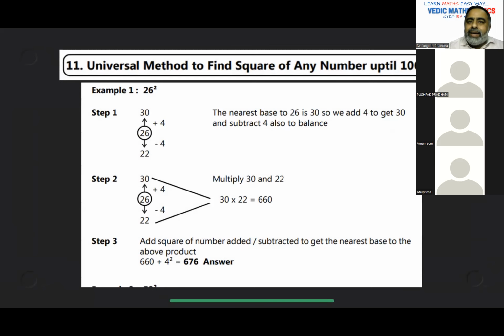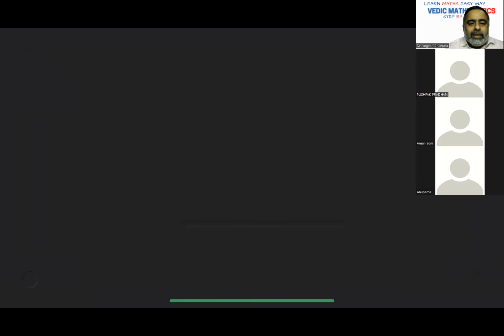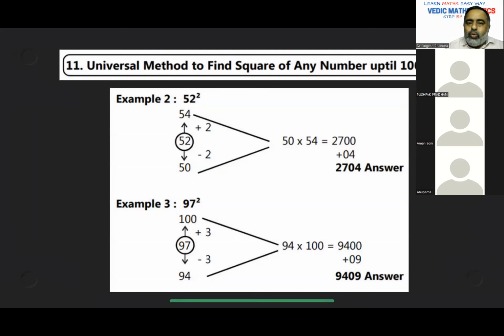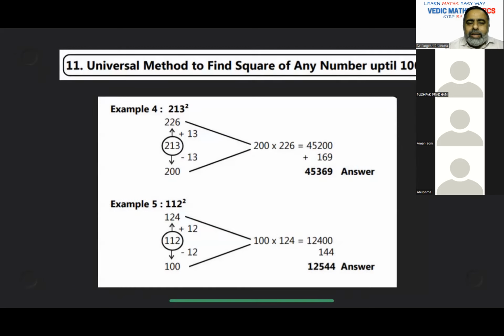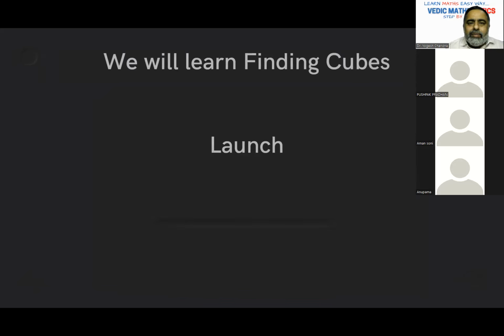Third was finding the universal method. So 26 का आपने किया, 52 का कर सकते हैं, 54 and 50, 97, 213, 112, anything you can practice.